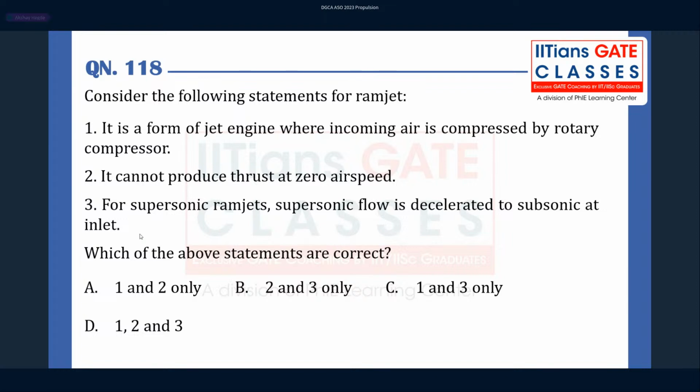Okay. So in this question, let us try to make a small schematic of a ramjet over here.